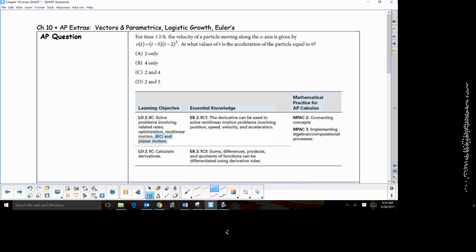Alright. So let's see if you got the derivative. First times the derivative of the second plus the second times the derivative of the first. So I'm going to factor out my t minus 2. So I have 2 times t minus 5 plus t minus 2.